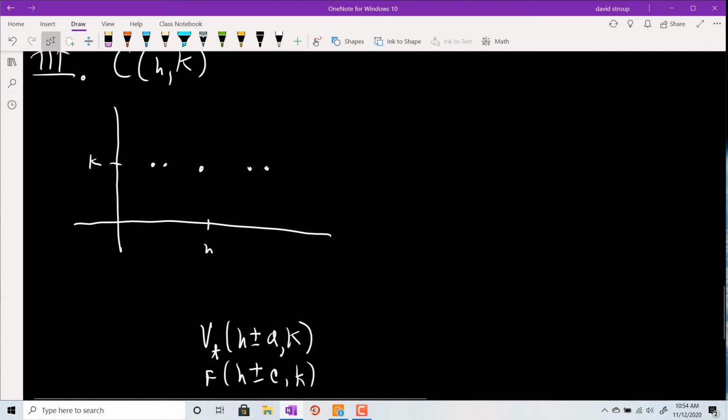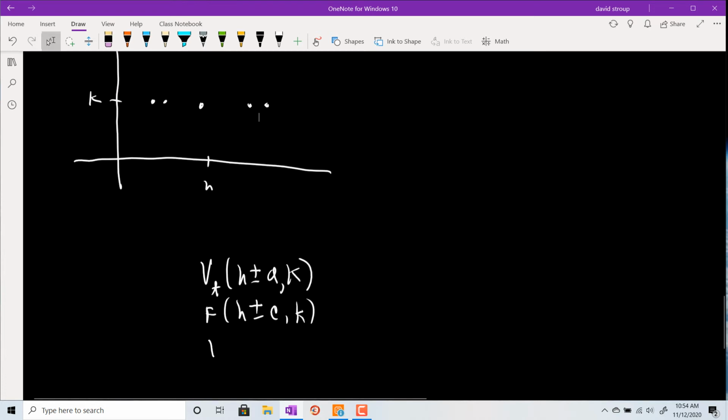And then the vertices on the conjugate axis will be at h, comma, you have to go up and down to get to those, right? So you go up b and then down b. So it'll be at location h, comma, k, up or down by b. Okay.